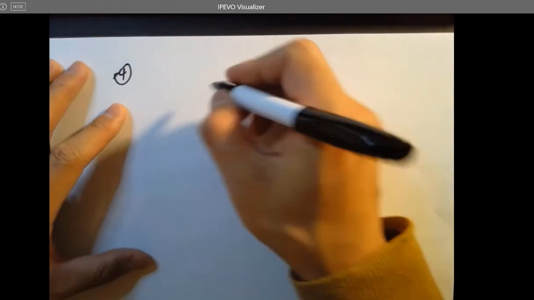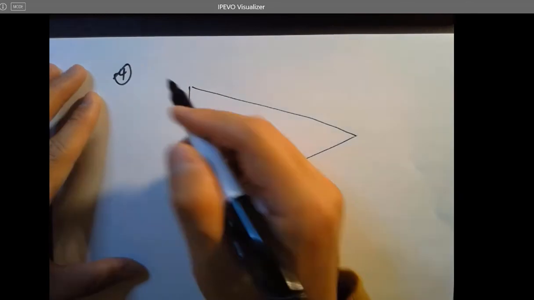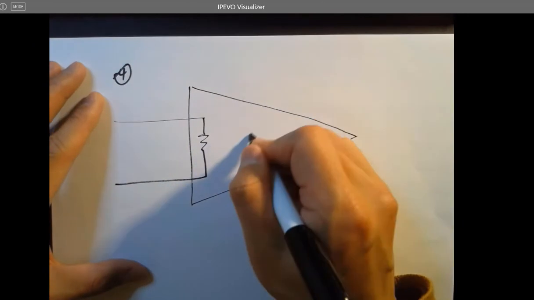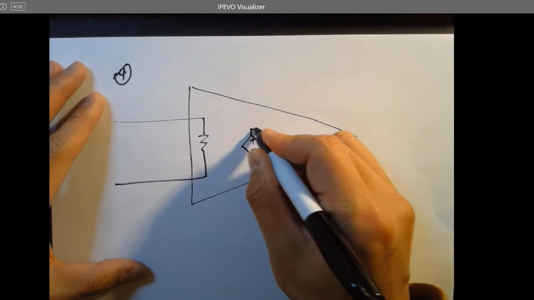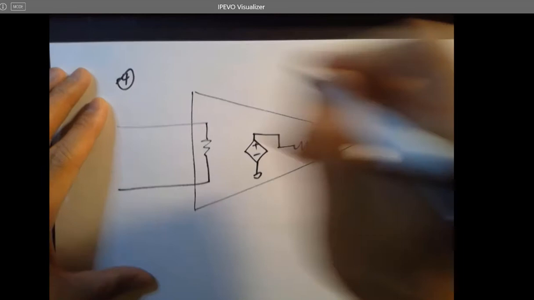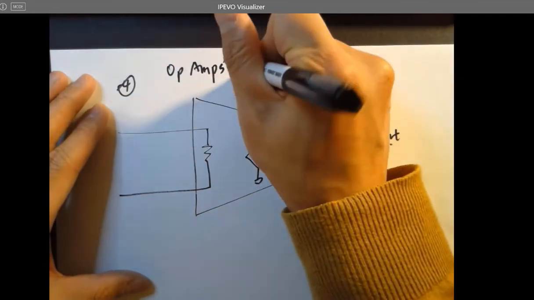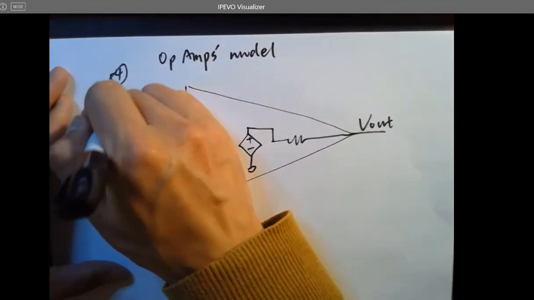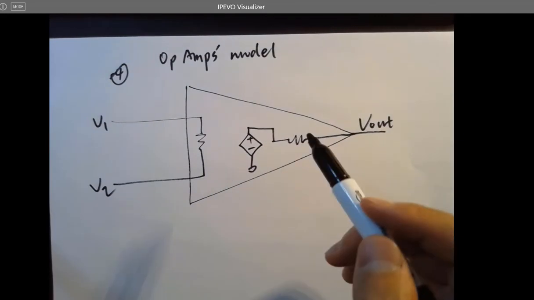An op-amp can be modeled like this: one input resistance and a voltage controlled voltage source, output resistance, and here's V out. That's a model for an op-amp. V1, V2, that's an internal structure, but that's not the actual internal circuit of the op-amp.